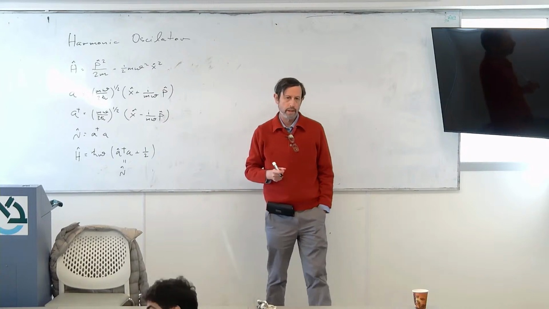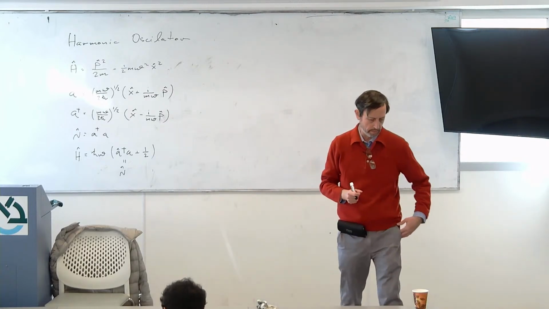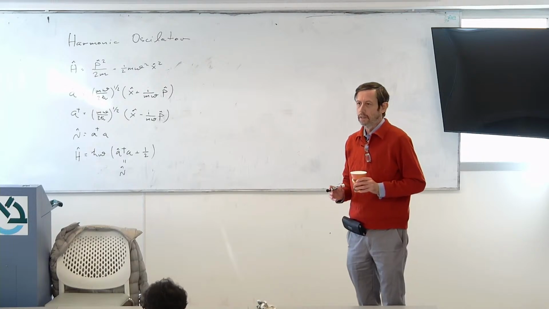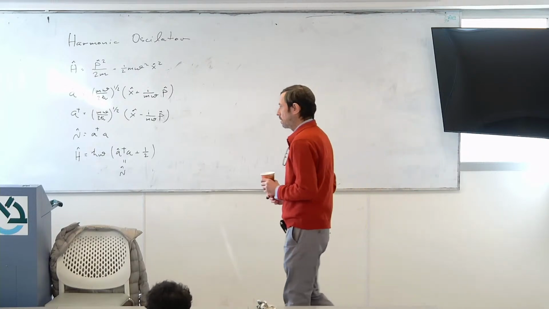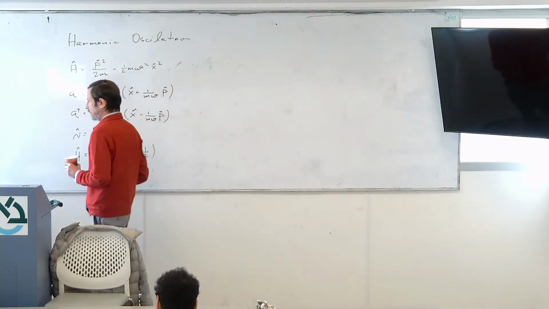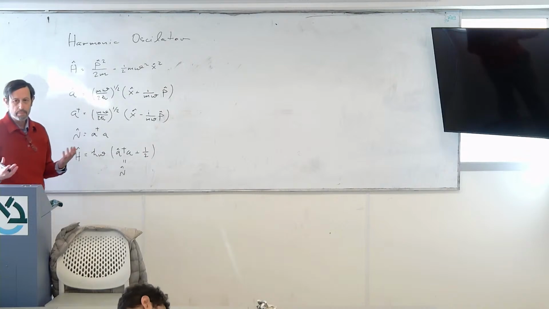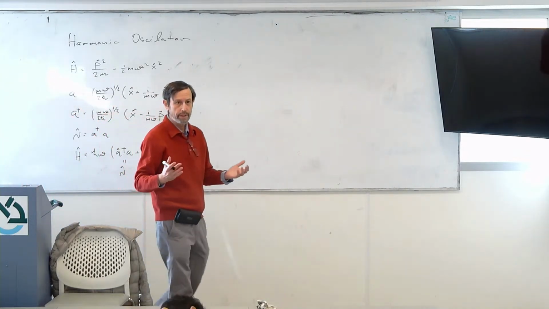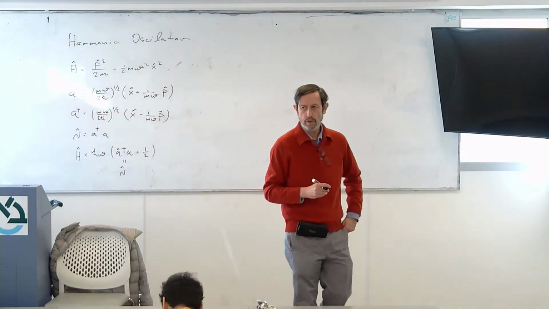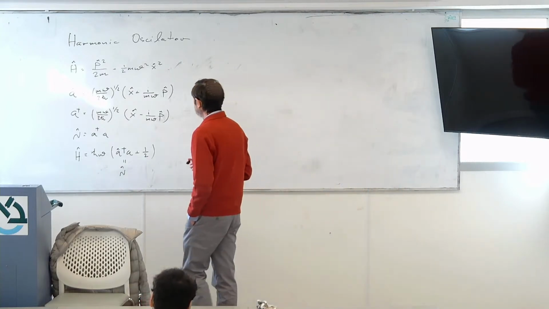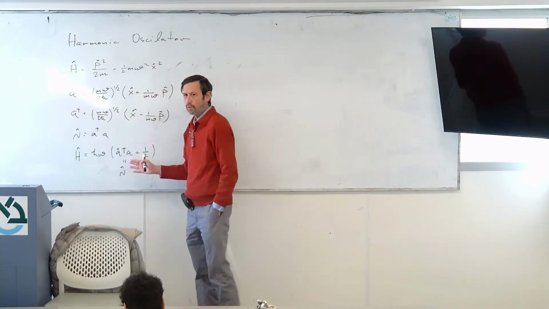And as we described in the beginning of the previous lecture, this is a very ubiquitous problem in physics for the simple reason that any potential that has a minimum could be, at least for low energies, described as a harmonic potential.